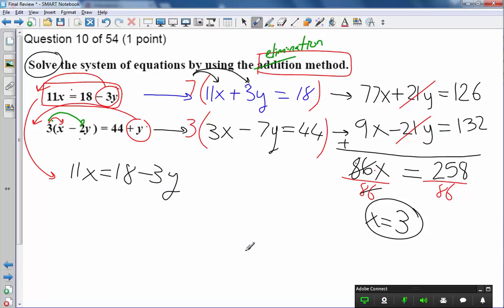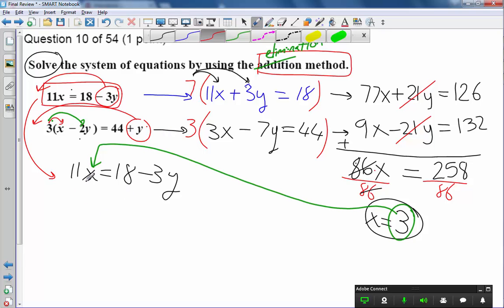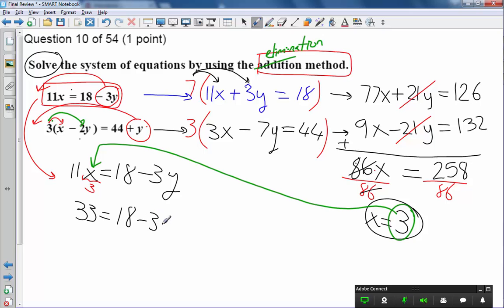Again, we just found x equals 3. I will take this number and use it right here and get y by itself. Okay, so this is going to be 3. What is 11 times 3? Because you have 11 of them. 33, minus 3y equals 18. Okay, the rest is smooth sailing.